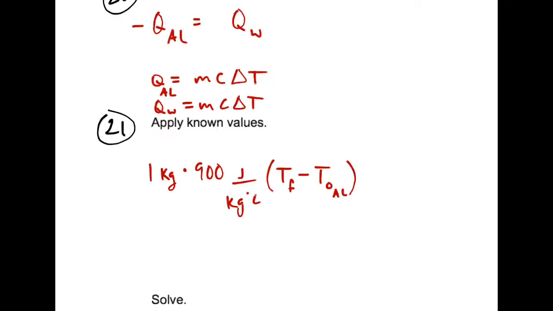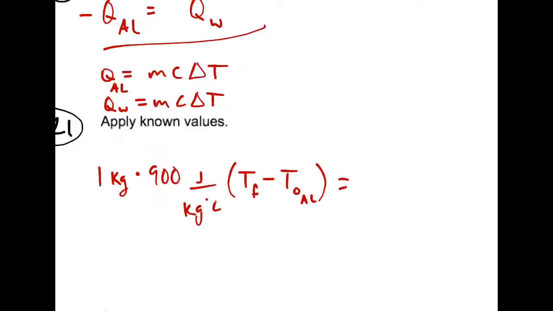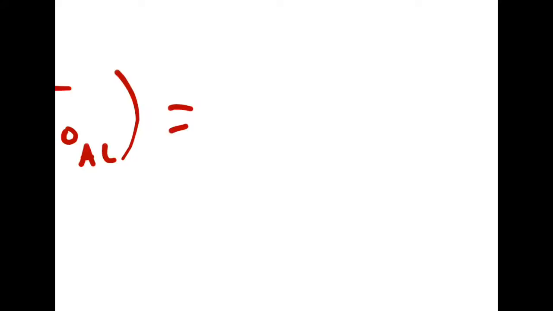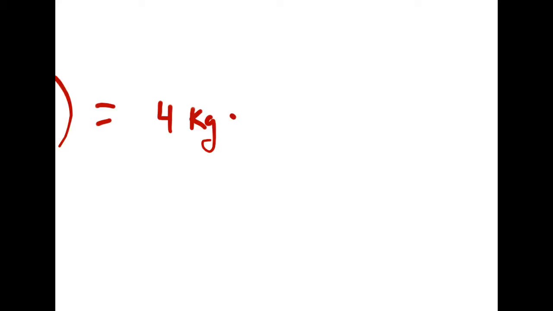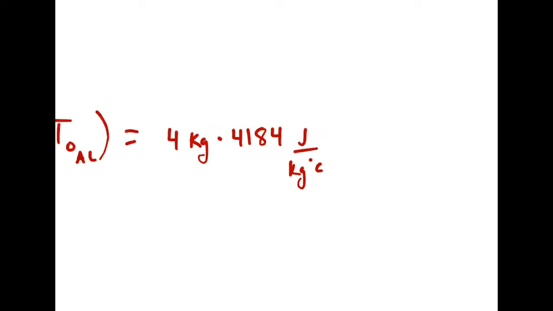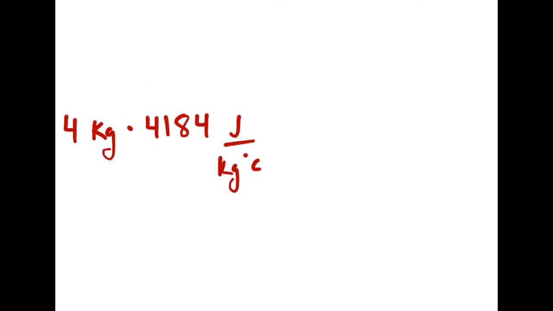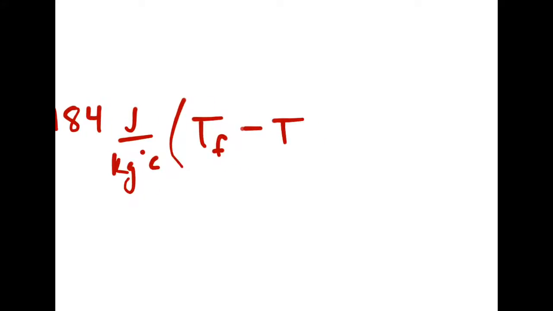By this equation, that has to equal the MCAT equation for water, which is 4 kilograms of water times the specific heat, 4184 joules per kilogram degrees Celsius, times T sub F minus T sub 0 for water.